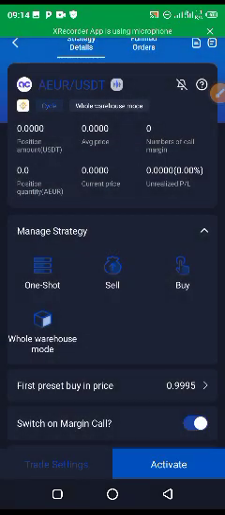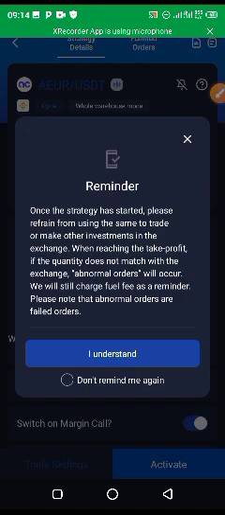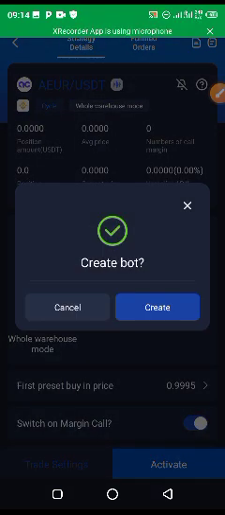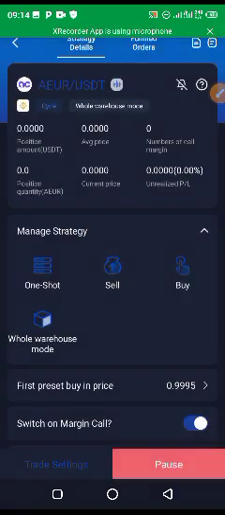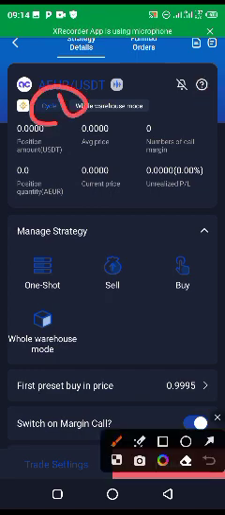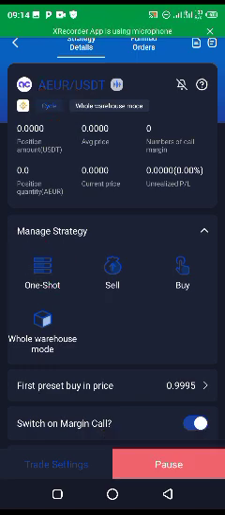You confirm and you activate. You say I understand. You say create bot. If it is in a cycle, here you can see this coin is in a cycle, so you change it. You tap here on one shot and it moves from cycle to one shot.